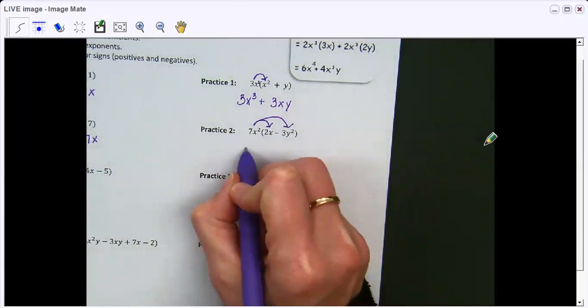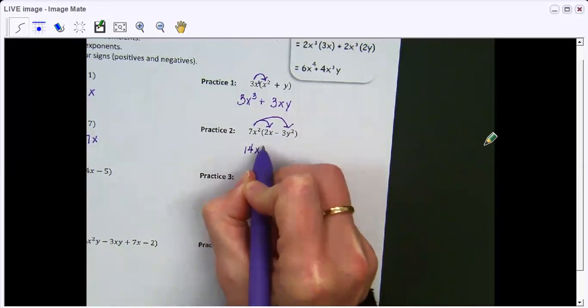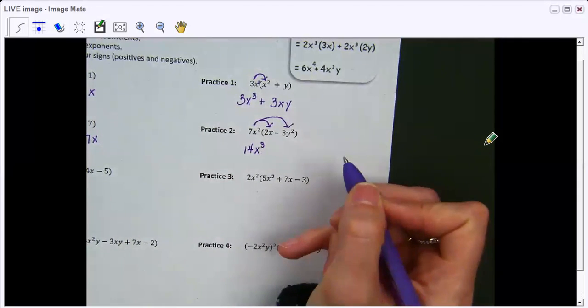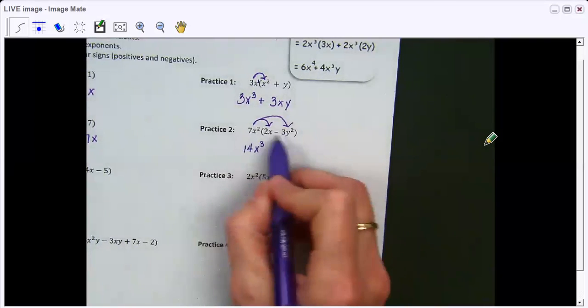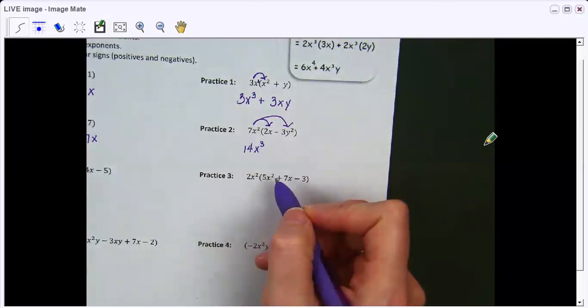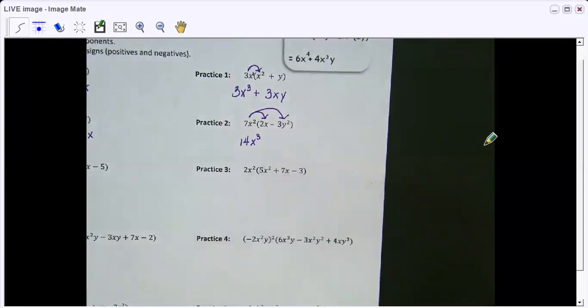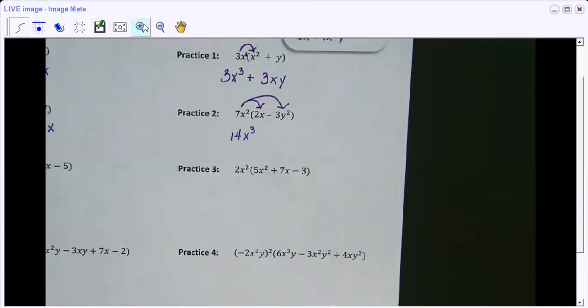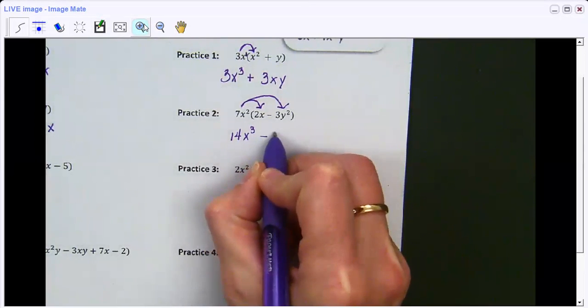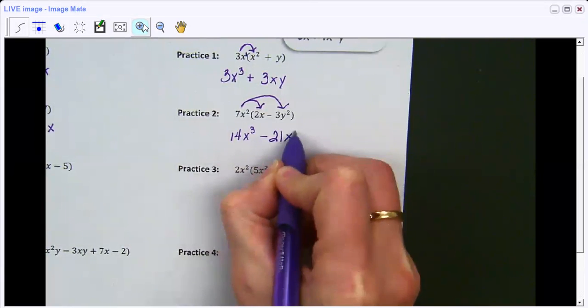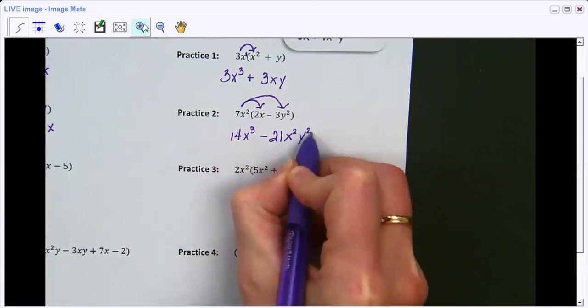Yep, 14x cubed. Now, what about the next term, Timmy? What's the next term? Which one do you got? Practice 2. Negative 21x squared y squared. Yeah, negative 21x squared y squared.